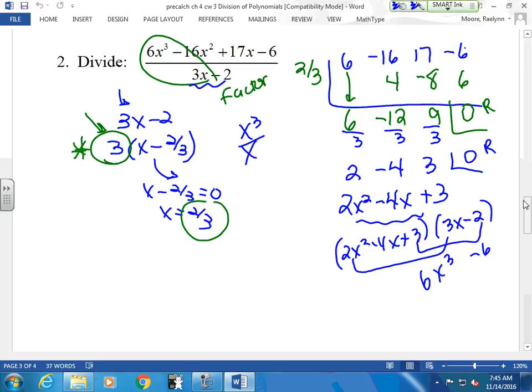If I had a remainder, this is where I would add it back and see if it works. If these work, chances are the insides work, but you can multiply the whole thing out and make sure that it works. Okay, make sense? So it's a whole lot easier than doing a long division.